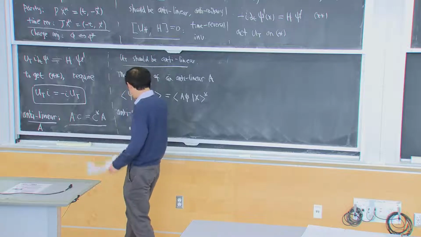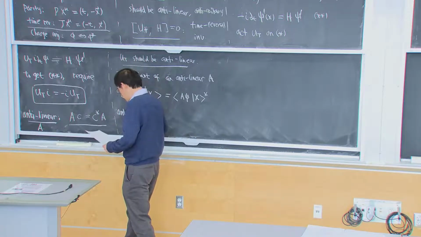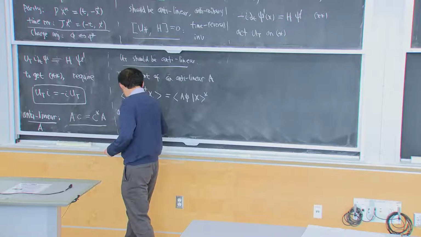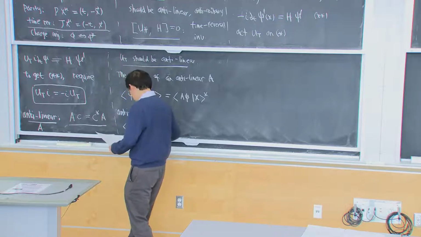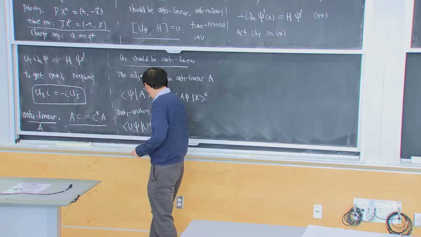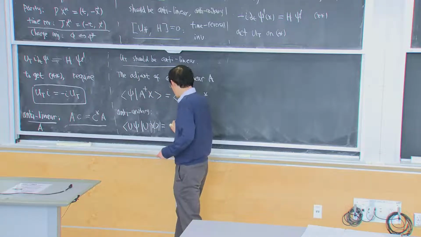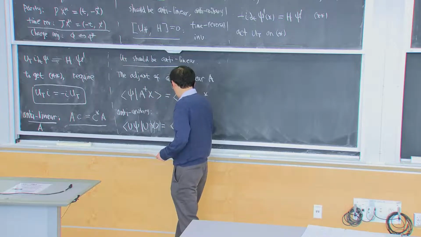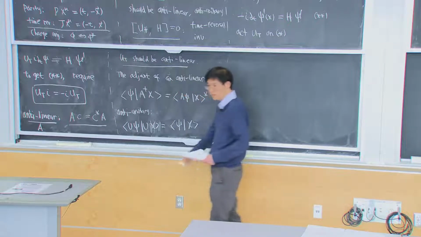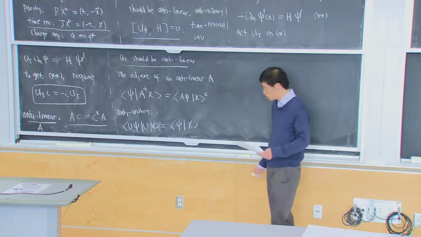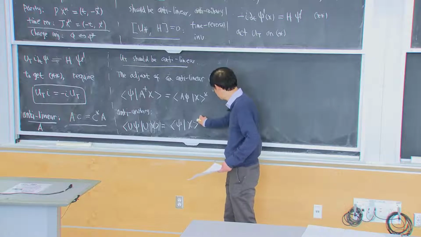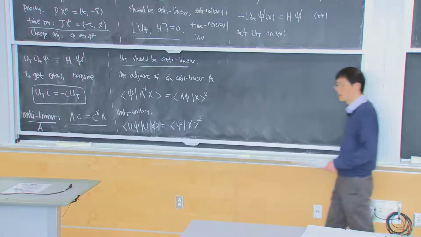Then we can define anti-unitary. Unitary means U psi, U chi equals psi, chi, the standard unitary condition. For anti-unitary, again you just put a star.